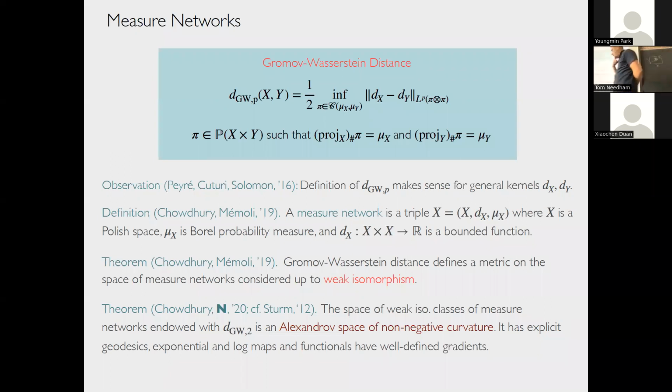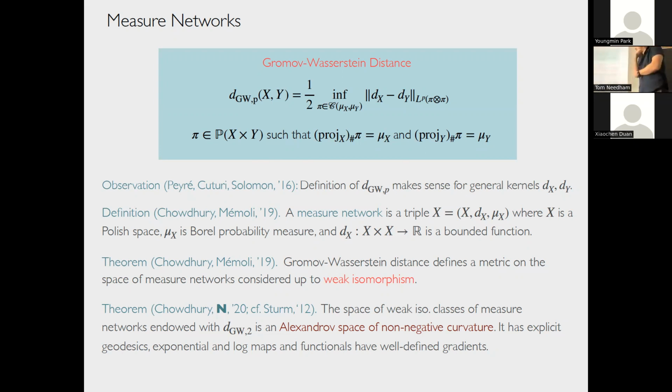Then Samir Chowdhury and myself, based really heavily on earlier work of Sturm, showed that if I take the space of measure networks with the Gromov-Wasserstein p equals 2 distance, then that metric space has a nice structure. It's what's called an Alexandrov space of non-negative curvature. The details of that don't really matter.